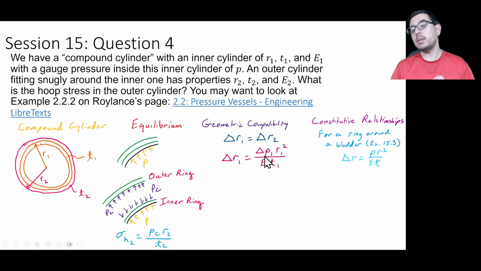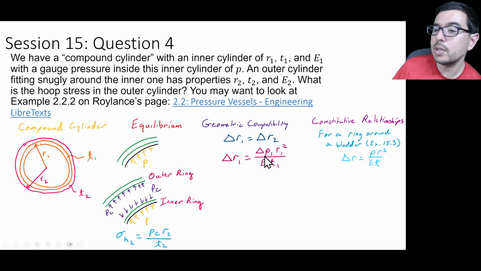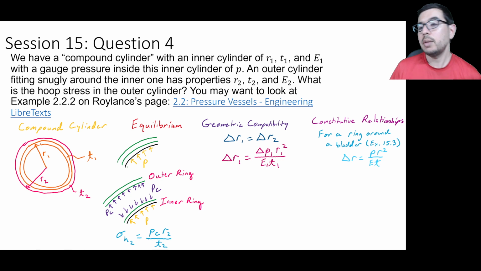I don't know if it's the trickiest part of the problem, but it could be. It's maybe not intuitive until you've broken the outer ring and the inner ring, or decoupled them, even though they're compound. What you see here is that this delta P1 is really going to be this inner P minus this PC out here, right?